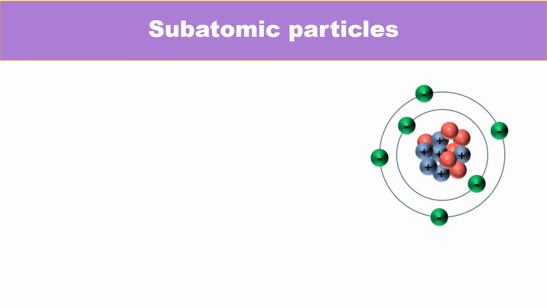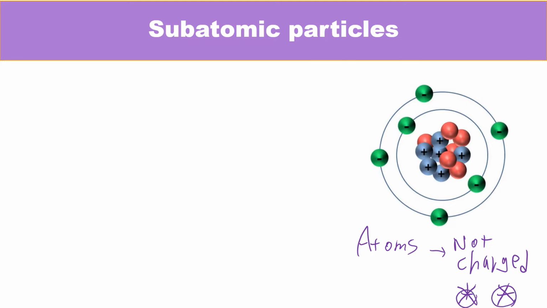Now, the reason I went through the subatomic particles is because all atoms are not charged. What I mean by that is it's neither positive nor negative. In fact, they're all balanced out. For example, I want you to look at the number of electrons over here.